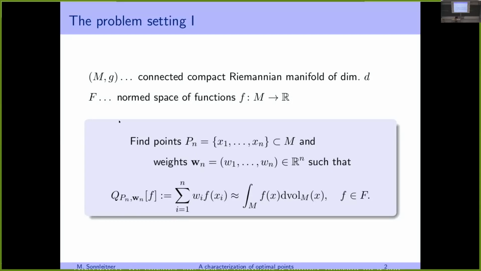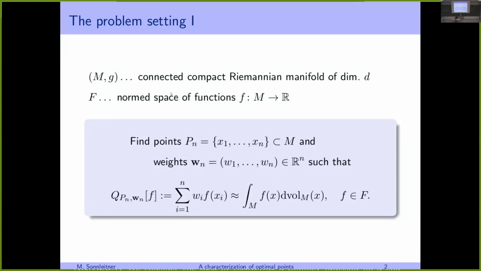And the general problem we will consider is how can we find points on this manifold and corresponding weights such that this cubature rule, which I have here, evaluating the function at the points and combining them to some average, approximates this integral, where this is the measure with respect to the Riemannian volume.